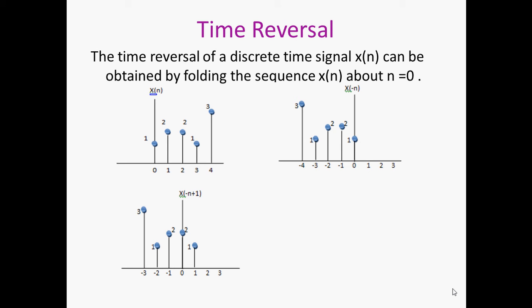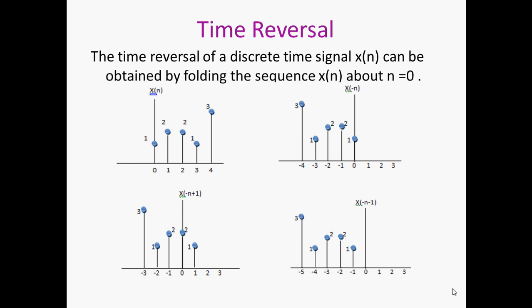So this plus 1 k value will be added to the starting time period of x of minus n. So the x of minus n time period will be from minus 4 to 0. So to this minus 4, the 1 will be added. So minus 4 plus 1 becomes minus 3. So from minus 3, the signal has been shifted. So from minus 3 to 1. So your x of minus n is shifted here.